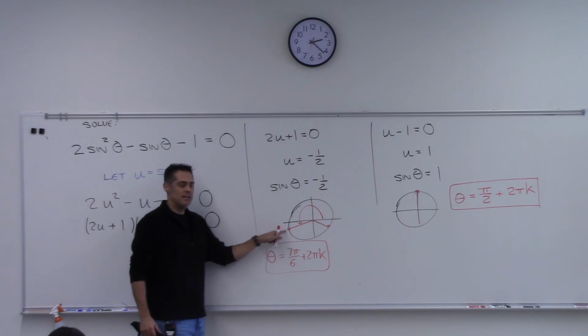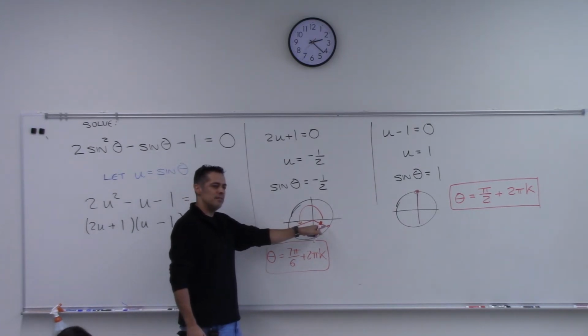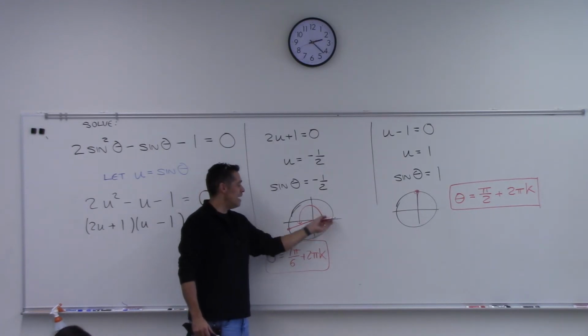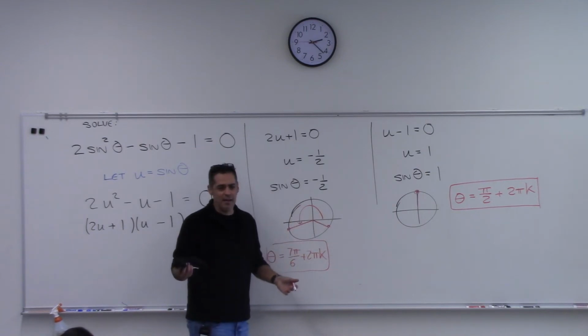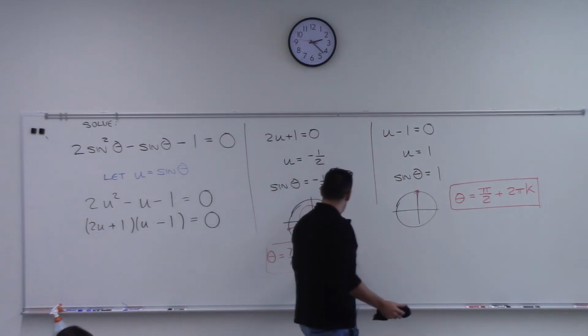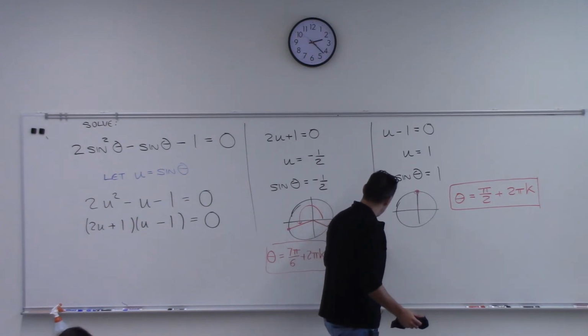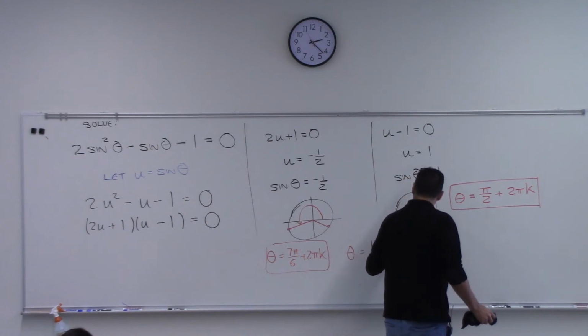And then the other one over there, I think that's 11 pi over 6, isn't it? Could you say negative pi over 6? Yes, you could go negative pi over 6, or you go all the way around. It doesn't matter because you're going to be adding 2 pi k, so it doesn't matter where you start from. So theta equals, I'll go with 11 pi over 6 plus 2 pi k. There we go.